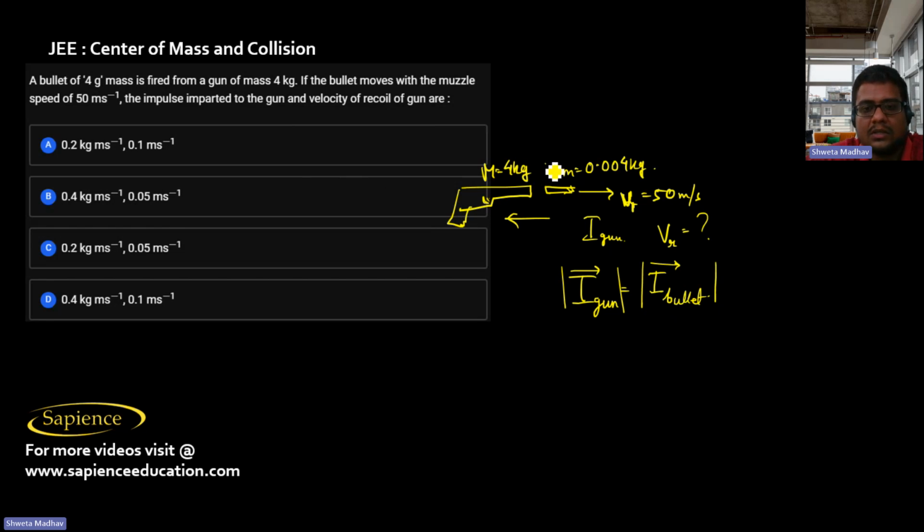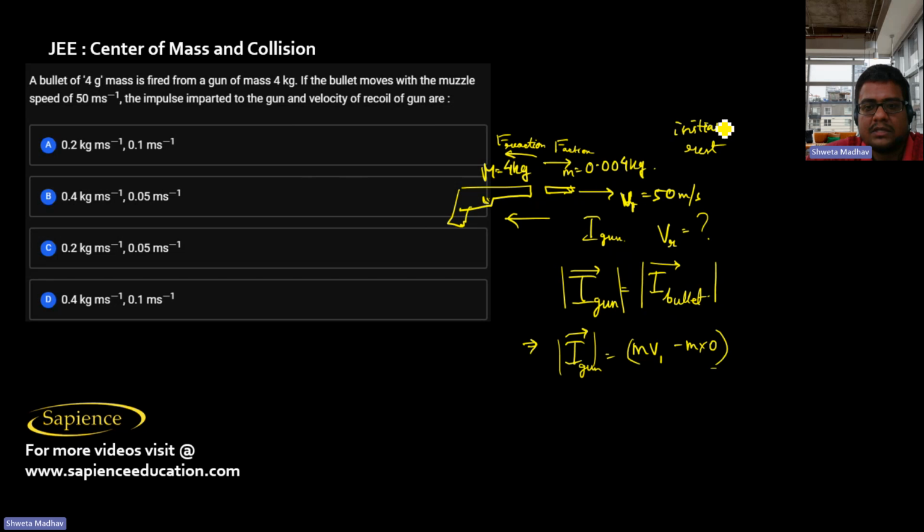According to Newton's third law, action and reaction forces are equal in magnitude but opposite in direction. So the magnitude of impulse imparted to the gun will be equal to the magnitude of impulse imparted to the bullet, that will be equal to mv1 minus m into 0.